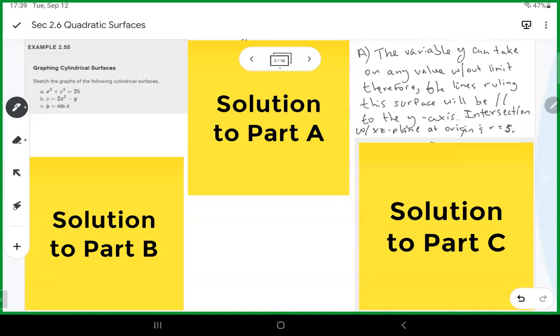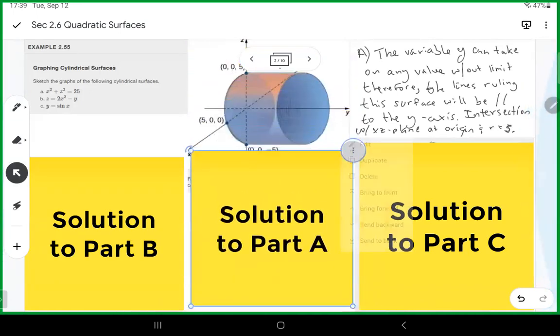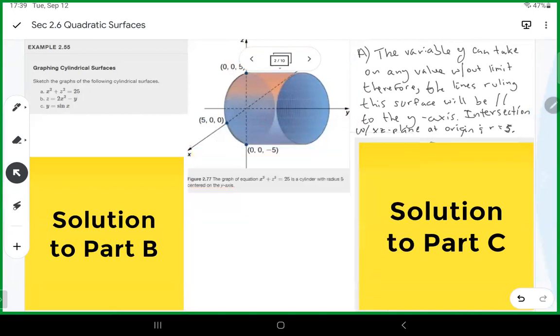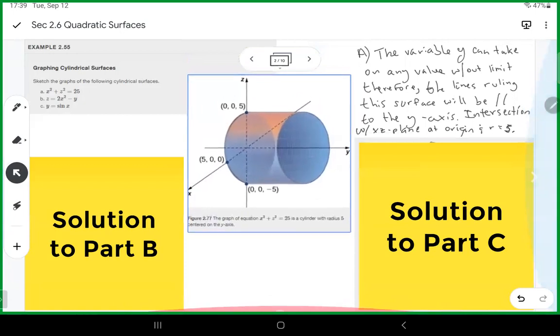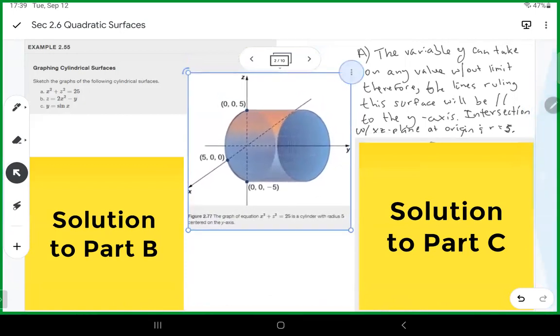So now we're going to see what that looks like. I'm gonna get rid of that and probably pull it down a little bit so you can see it a little bit better.